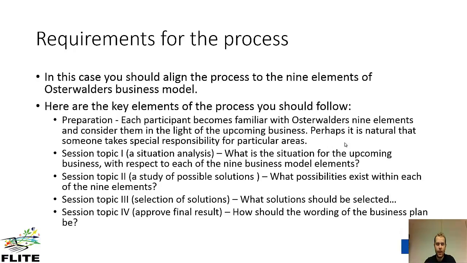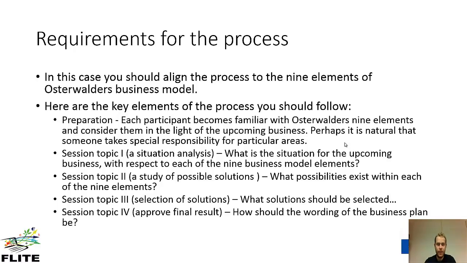Perhaps it's natural that someone takes special responsibility for particular areas. So this means that even though all of you have learned general entrepreneurship theory, and something about the Osterwalder canvas model, you might divide the focus among you when it comes to the 9 elements in the sessions.